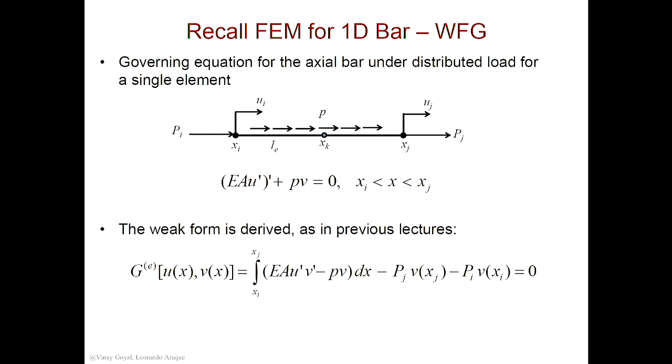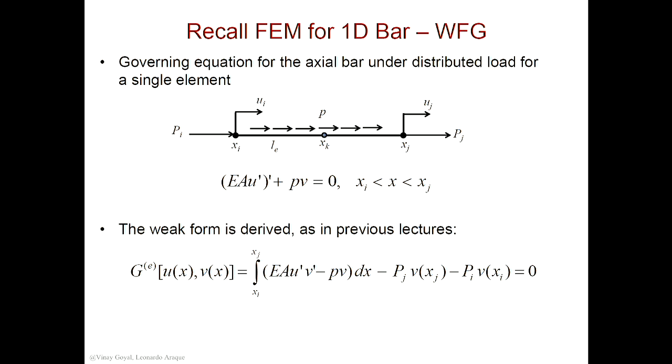If we recall, for our implementation for the 1D bar, weak form Galerkin, we basically start with a partial differential equation, okay? And then we multiply this by a weight function. This v should not be here, so ignore that. But we multiply this by a weight function, v, and then we integrate this partial differential equation over the domain, okay?